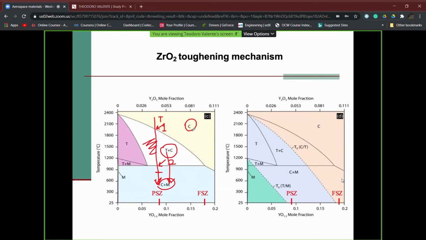Now, on which effect we can rely in order to better motivate the necessity to use the partially stabilized. When we have a look, like in this case, to phase diagram of materials, this applies also for elements, not only for compounds. That's a general concept.